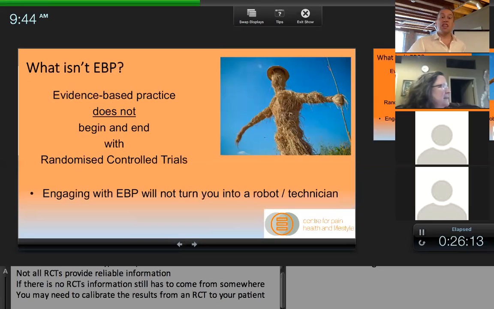Okay, and it's also an ongoing thing. Okay, it's not something you learn and then go, okay, I'm done now. It's an ongoing sort of thing. It requires that flexibility and ability to keep changing and to keep progressing. Yeah, it won't make the job easier. It will make it harder.